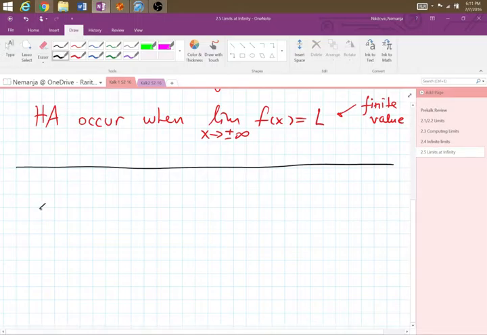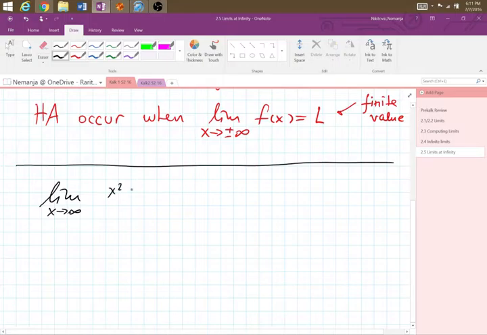We have the limit, let's say x goes to positive infinity, of x squared minus 3 divided by 4x squared plus 1. Now you know how to deal with this with pre-calculus. What was the rule when the exponents are the same? Does anyone remember?